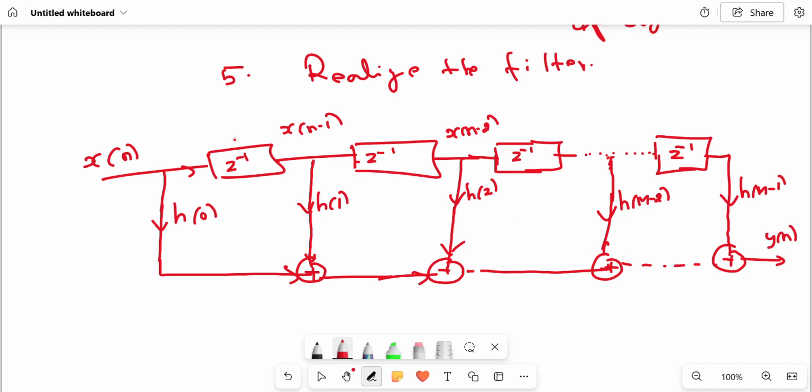So that is the direct form realization of the FIR filter.